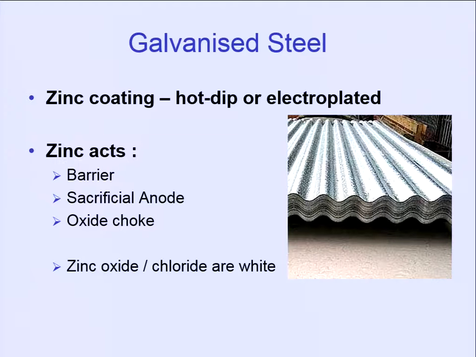However, if you've got a piece of steel and it's got a zinc coating on top, in service it's not unlikely that the zinc coating could get damaged. So we end up with a hole in the zinc coating.